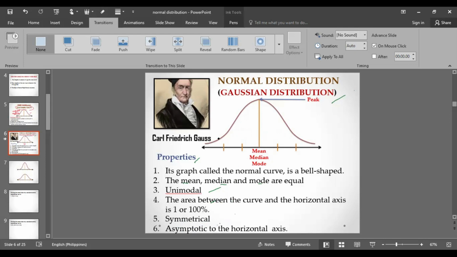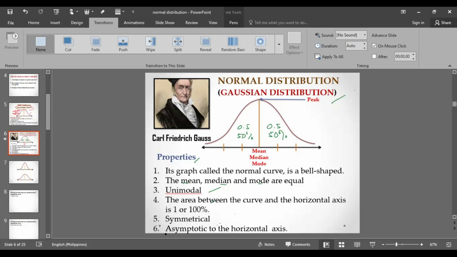Since the total area under this curve is 1, what is the area of its half? It's 0.5 or 50%. Also, this part is 0.5 or 50%. Kasi nga, it's symmetrical. This line divides the graph into 2 equal parts.